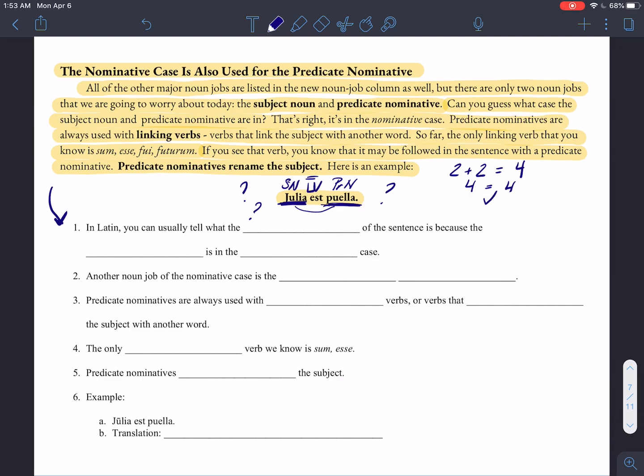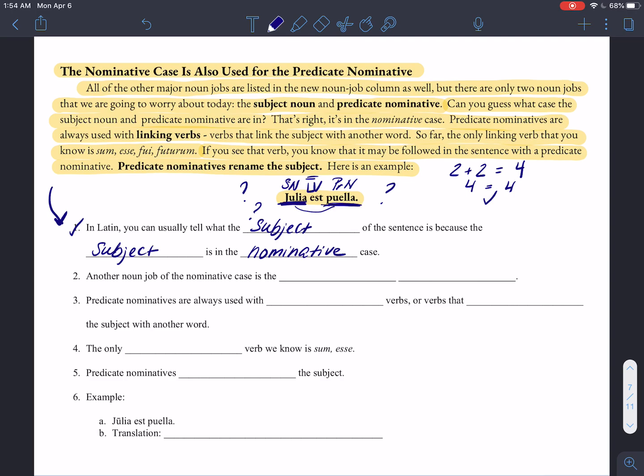So in Latin, you can usually tell what the subject of the sentence is because the subject is in the nominative case. So that's number 1.